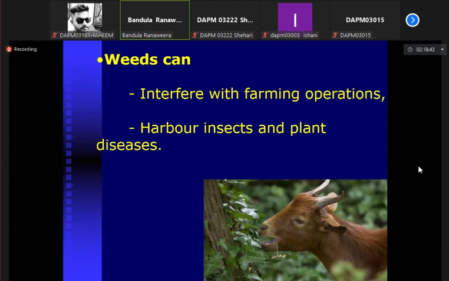Some of you may be thinking about the benefits of weed plants. Yes, some weeds can be considered a cover crop, but in reality, when you say cover crop, it has to reduce soil erosion. Yes, then the beneficial roles played by weeds can be like that. We will be talking about the weeds in detail a little later.